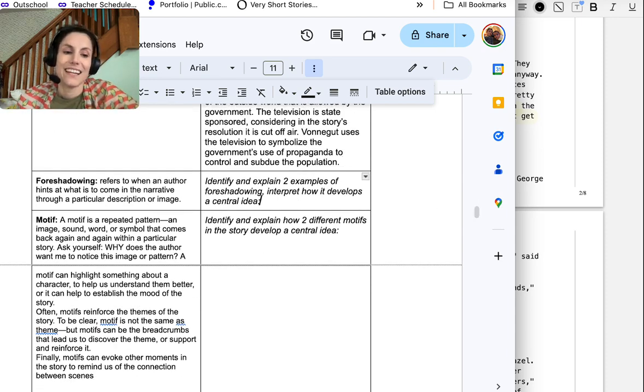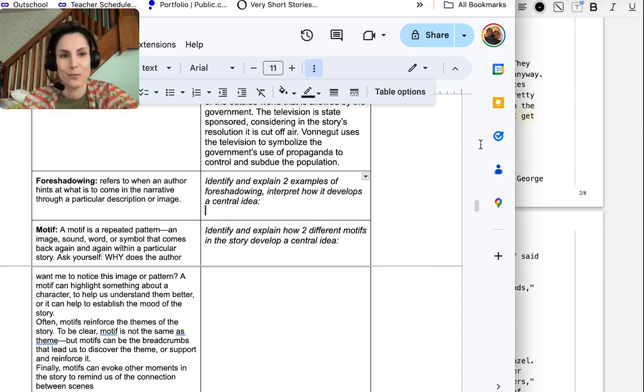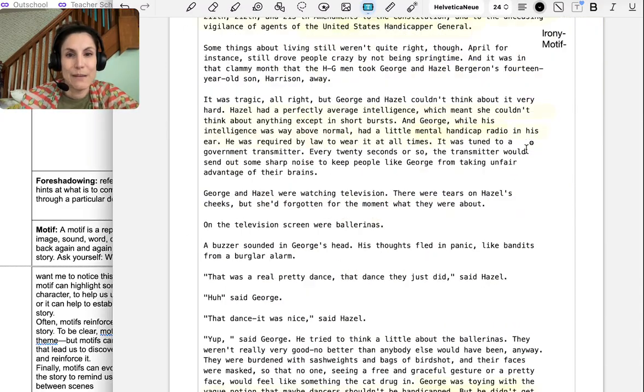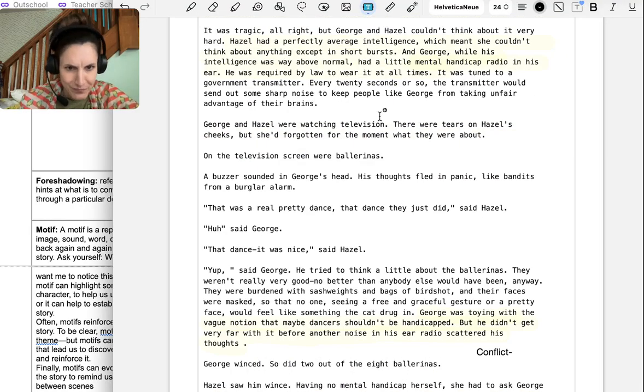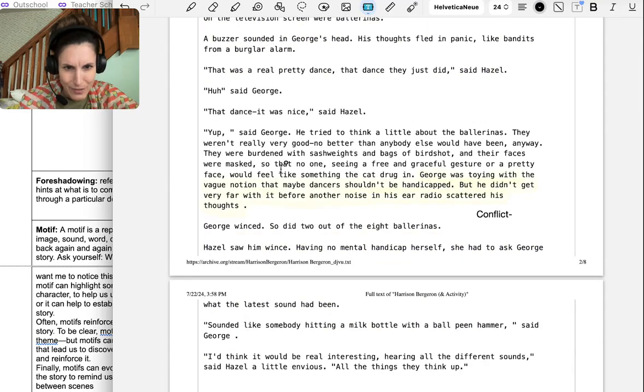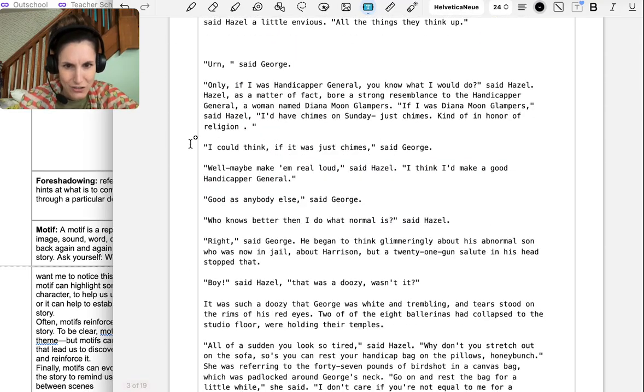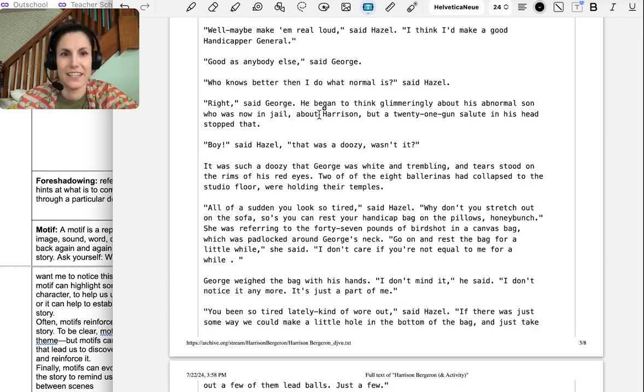You could say that this is a short one, but when they mentioned George, it was all tragic. They couldn't think about it. They were watching on the television. Once he starts to think about his son, he began to think glimmering about his abnormal son, who is now in jail.